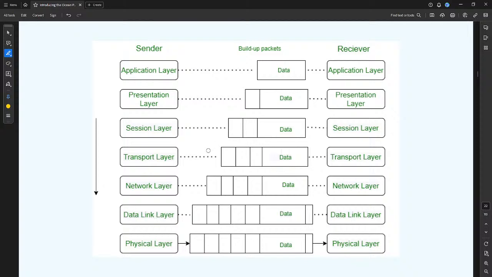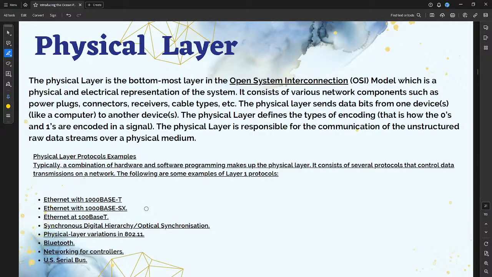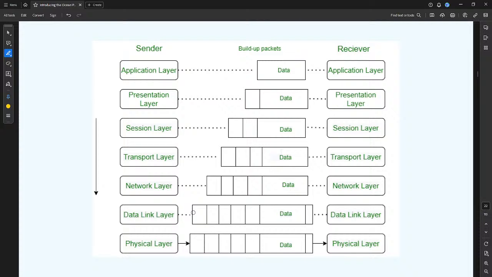Now we can see there's another beautiful, very interesting graphical illustration right here for us. You can see the physical layer, the data link layer, network layer, transport layer, session layer, presentation layer, and finally the application layer. We can see how each of these layers helps. As they all travel up, we can see what is happening to them.